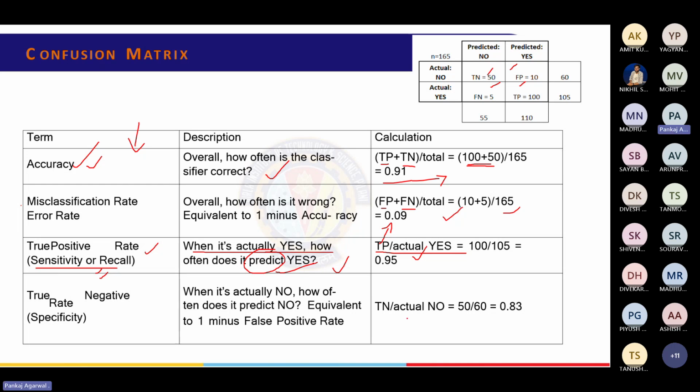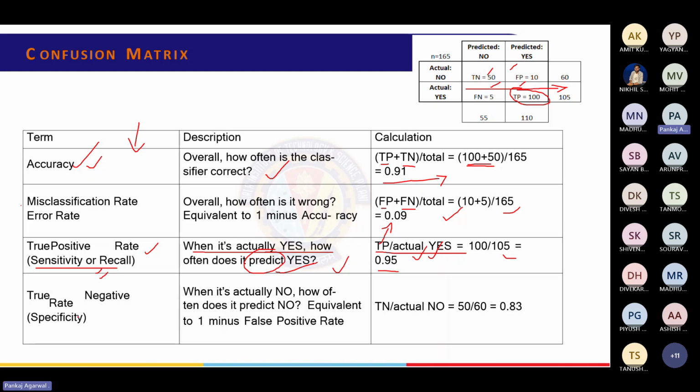The actual yes would be this particular row, isn't it? So it would be FN plus TP. Otherwise, if you remember it with the formula TP plus FN, this confuses you. So better you remember it with actual yes, right? This is how you get it.